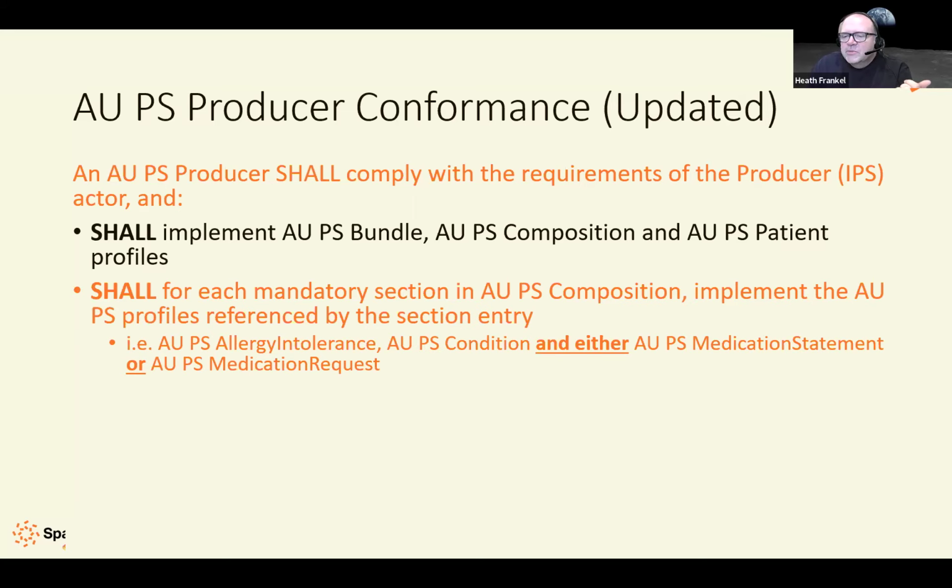Then it shall, for each mandatory section in the AUPS composition, implement the AUPS profiles referenced by the section entry, i.e. allergy intolerance, AUPS condition, and either AUPS patient statement or AUPS medication request.